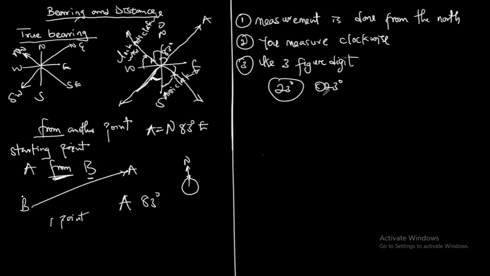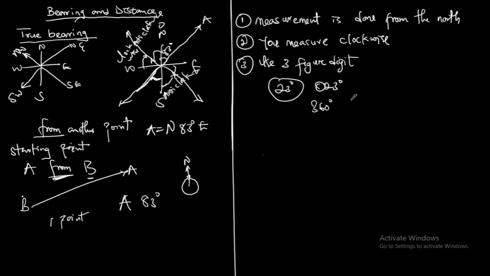It has to be in 3 digits so that we can get a perfect reading, right? The highest degree in a bearing, if you move from the north back to the north, is 360 degrees, which is 3 digits.